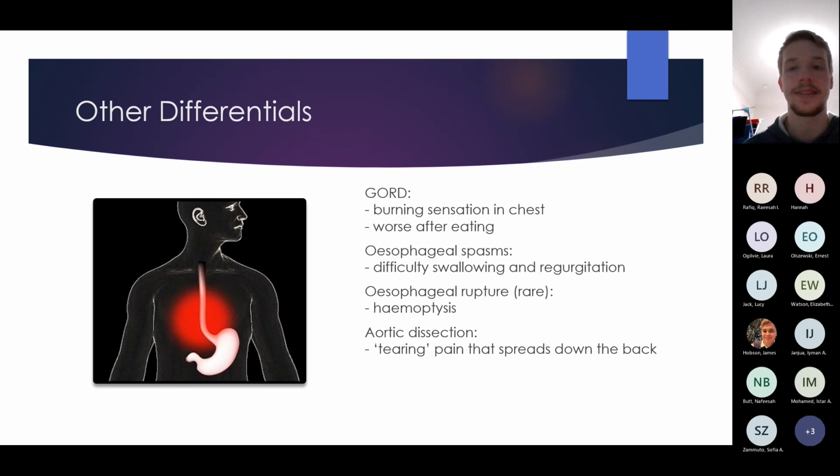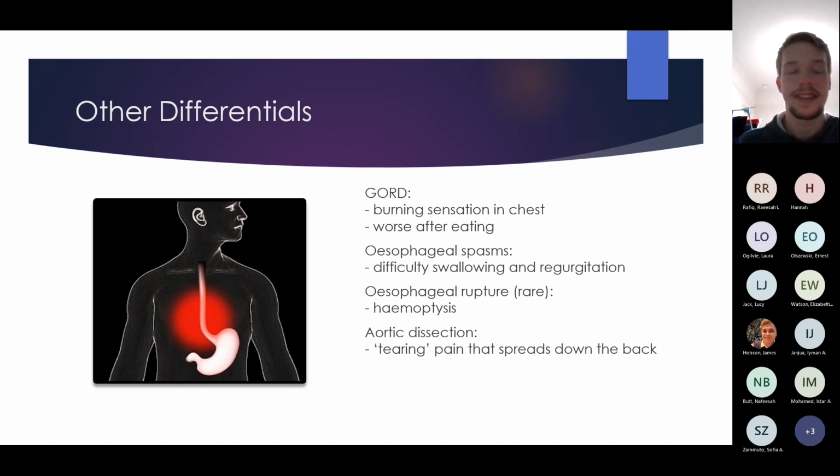On top of that, anything to do with the esophagus, so esophageal spasms can cause pain, but that would also normally present with difficulty swallowing or regurgitation. You could have a rupture of the esophagus, although that's rare, but that would normally present with hemoptysis and hematemesis.